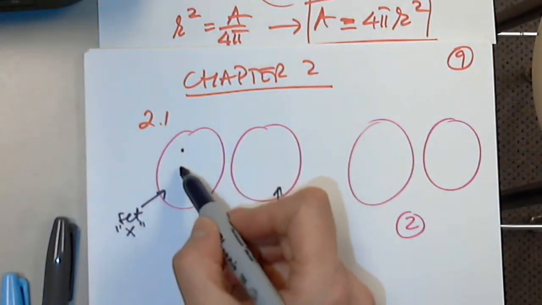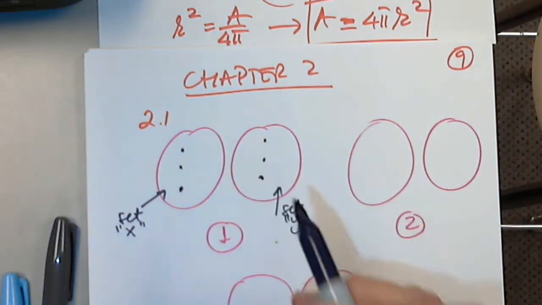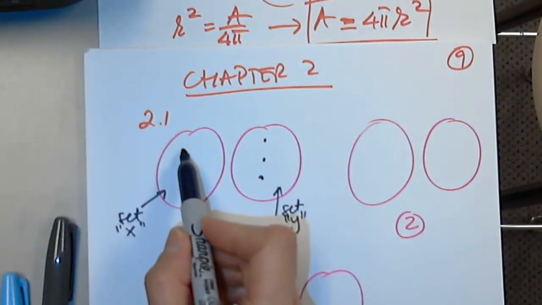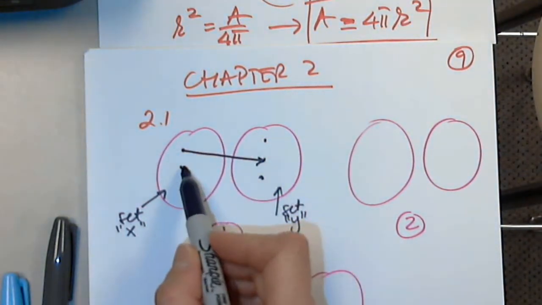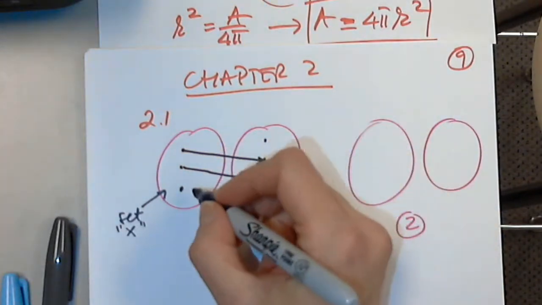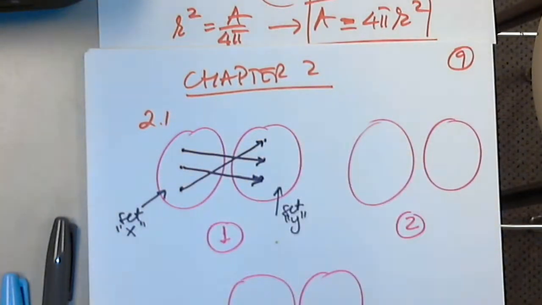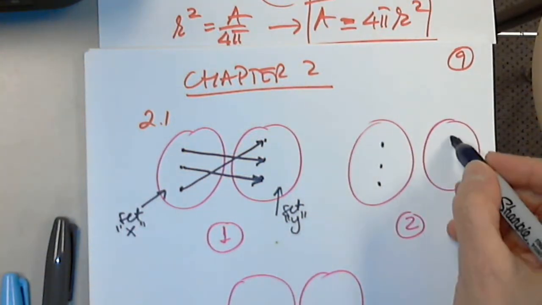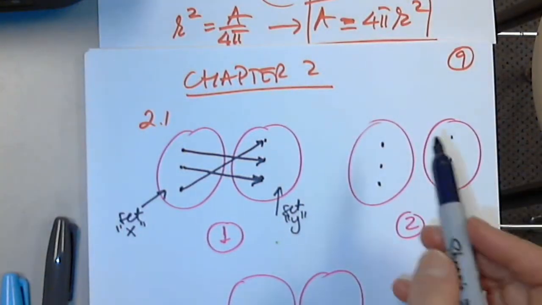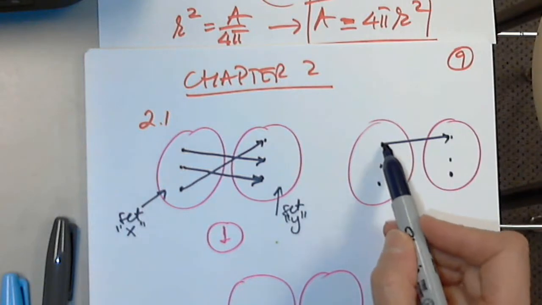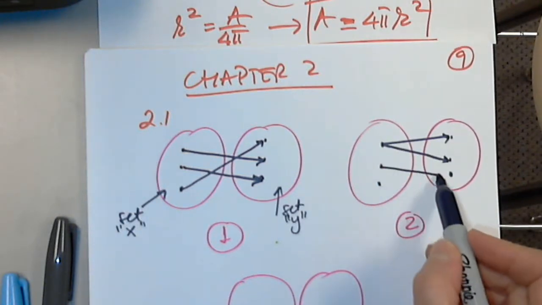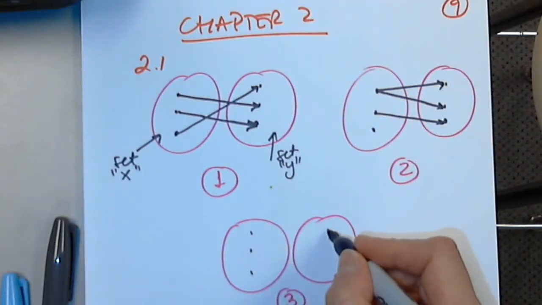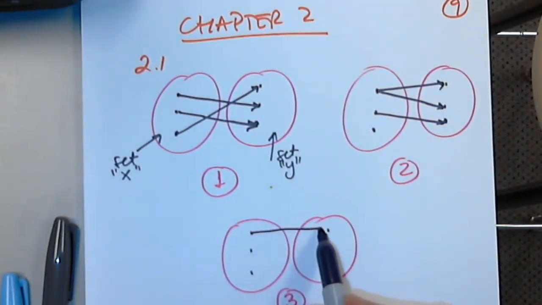And let's say I have 3 numbers here, and 3 numbers here. And I create a correspondence. Let's say this number corresponds to this one, and this number corresponds to that. I will mimic in the second scenario, but I will connect them differently. I will do the same thing in the third scenario, and I will connect them differently.